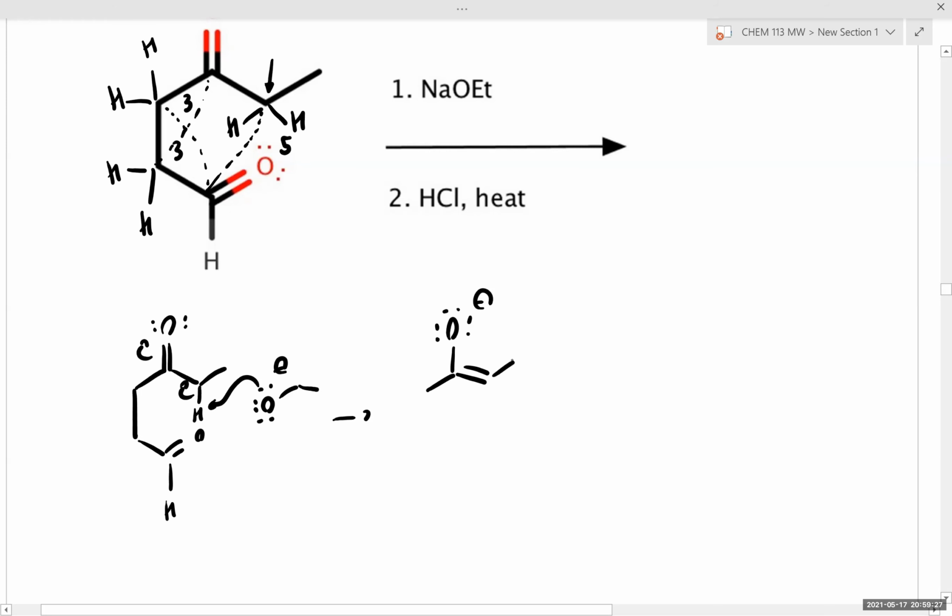So from here, now that we've generated our enolate, what happens next? No worries. So now that we're all on the same page, now that we have our generated enolate, are there any electrophiles that can react with our enolate?